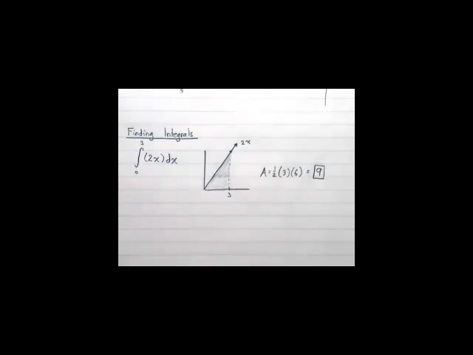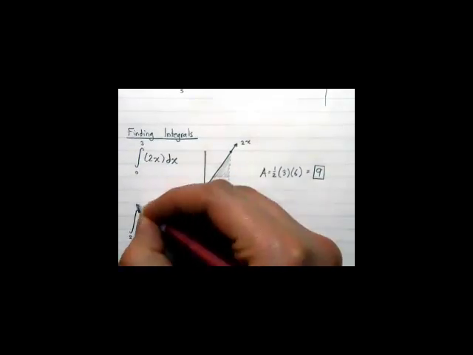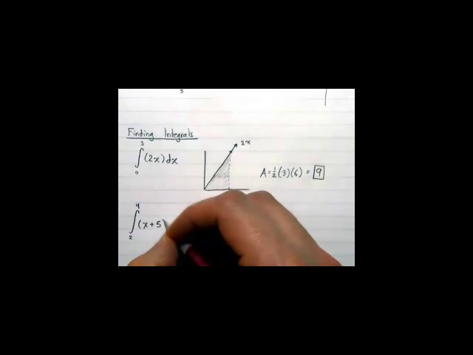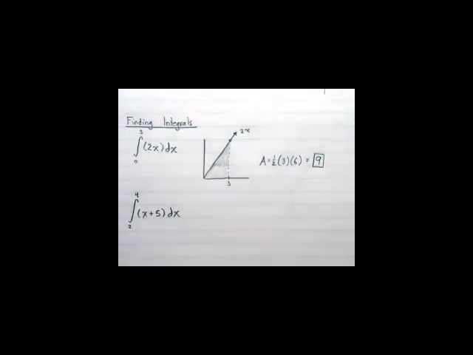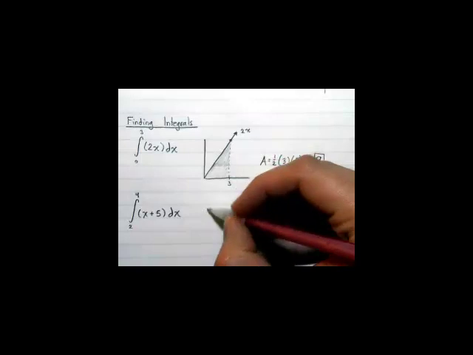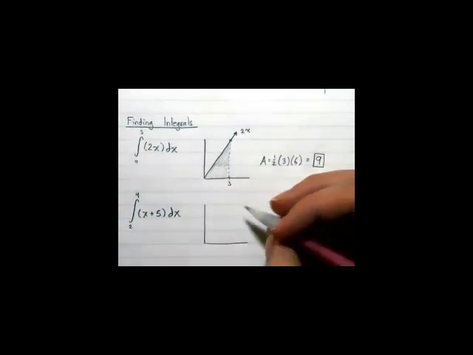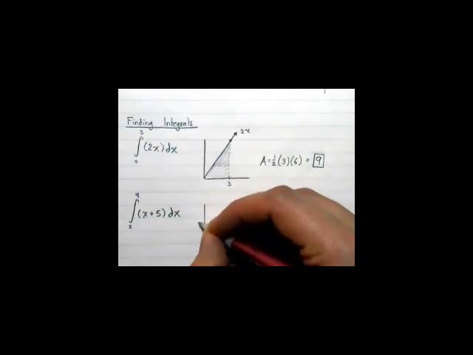Okay. How about this one then? We'll go 2 to 4 of x plus 5 dx. I'll do this one with you. So, 2 to 4. We're still in the first quadrant here. If it's x plus 5, that means it's going to have a y-intercept of 5 and a slope of 1.